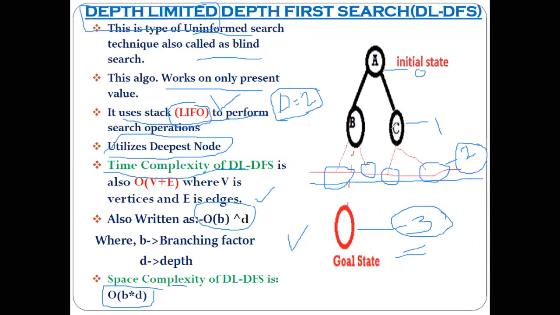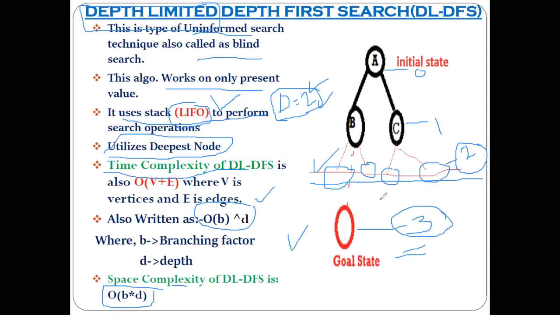No, because it cannot go beyond the predetermined depth limit. That is the major characteristic of depth limited depth first search. The AI agent can only search up to the given depth limit. So it cannot cross this point.